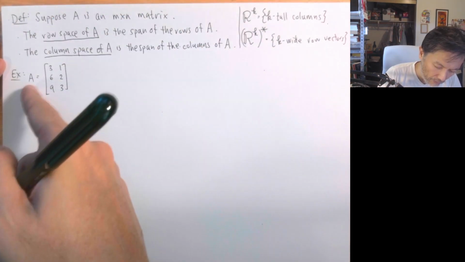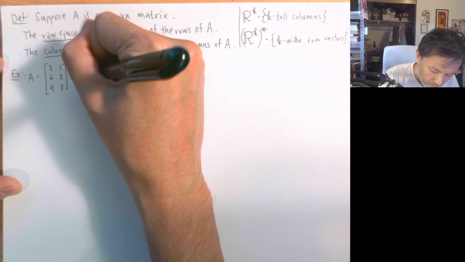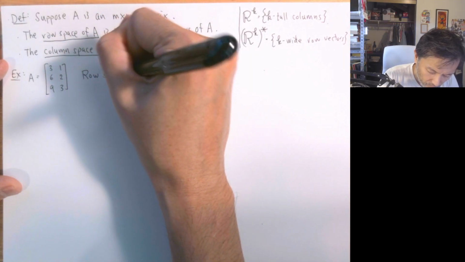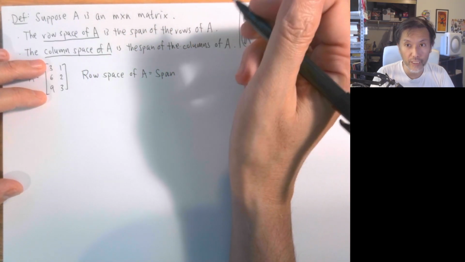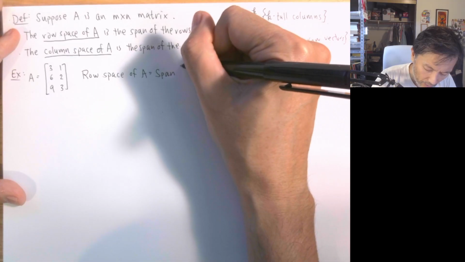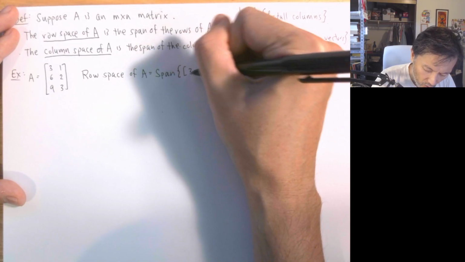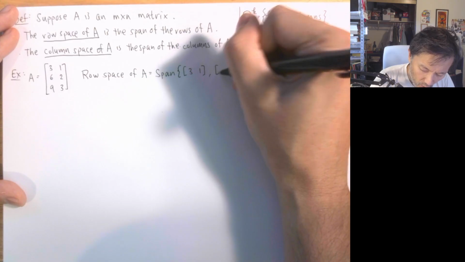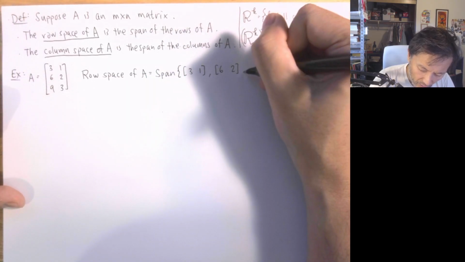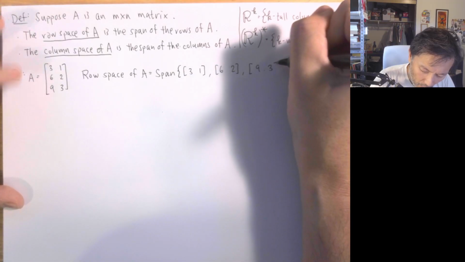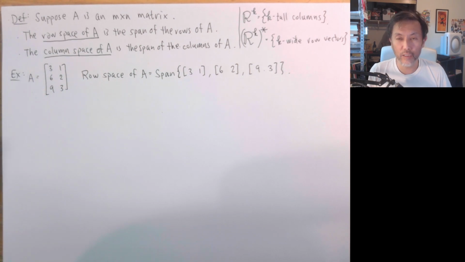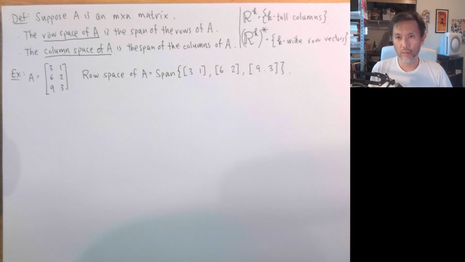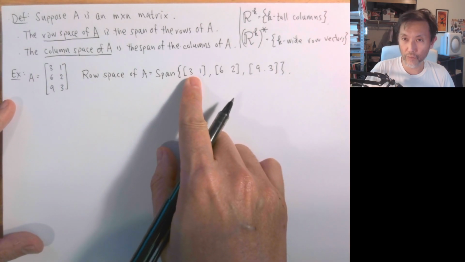The row space of A would be the span of these three rows: the row vector 3, 1, the row vector 6, 2, and the row vector 9, 3. But probably you're noticing the thing I did to construct this matrix to make the pedagogical point. These vectors are all multiples of just the first one.